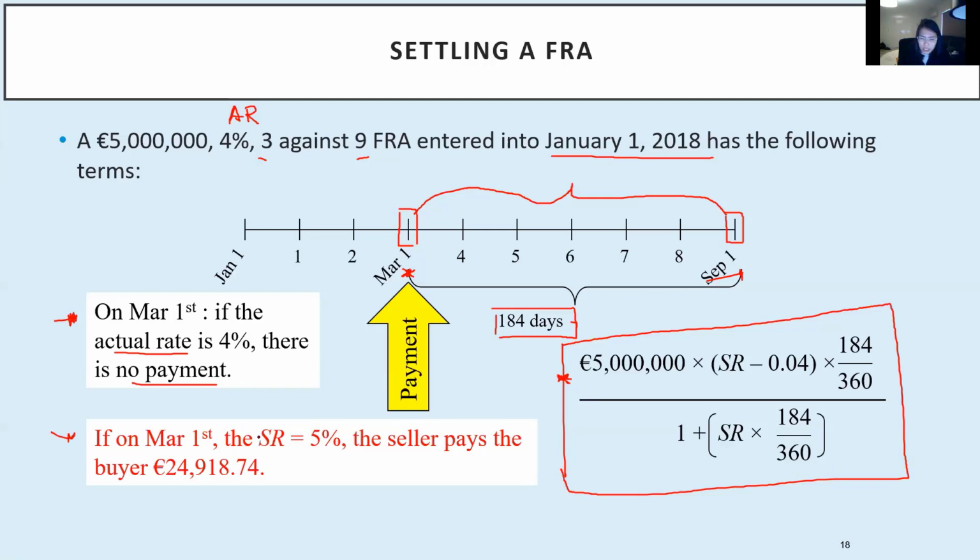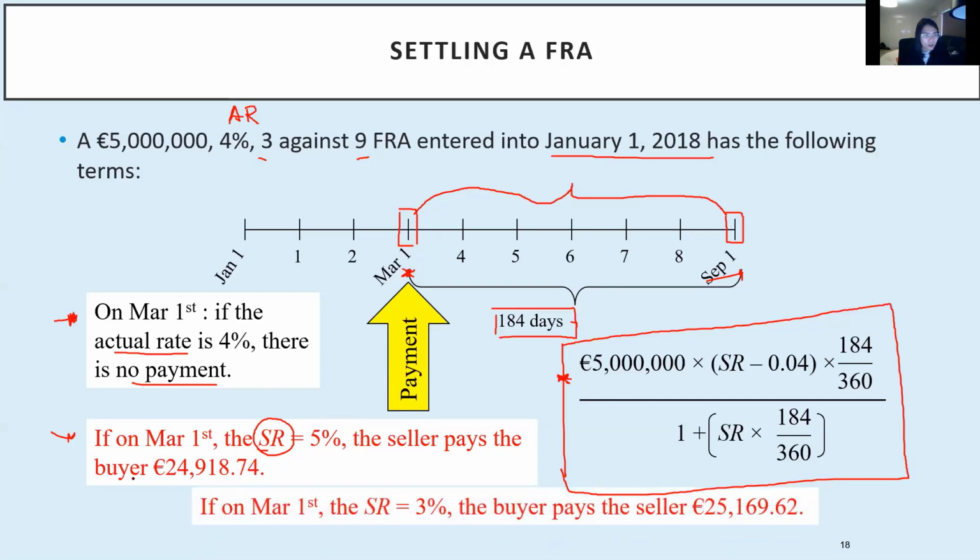If the actual rate is greater than the agreed rate, then the buyer gets the payment and the seller has to pay. Alternatively, if SR is lower than AR, then the buyer has to pay.